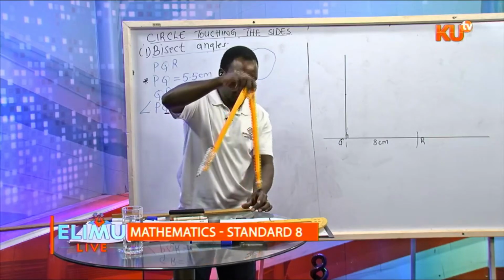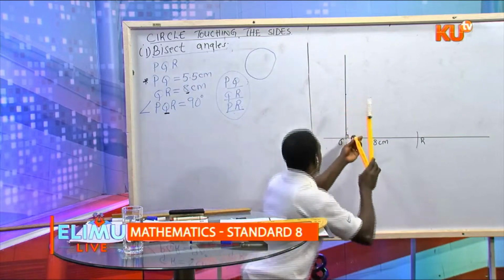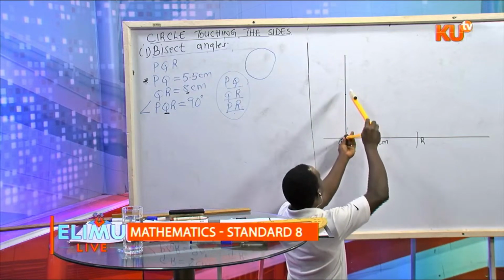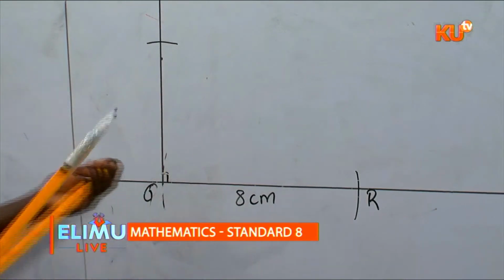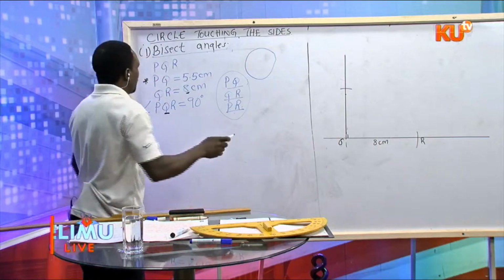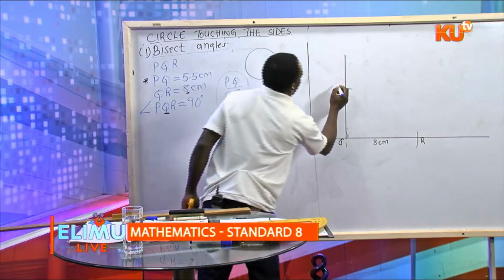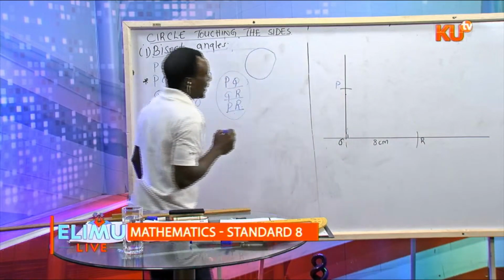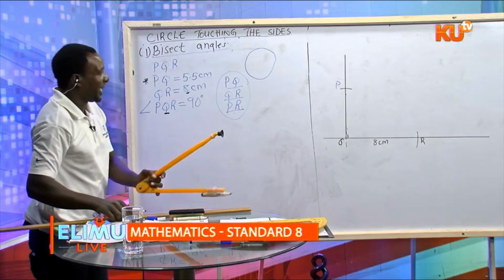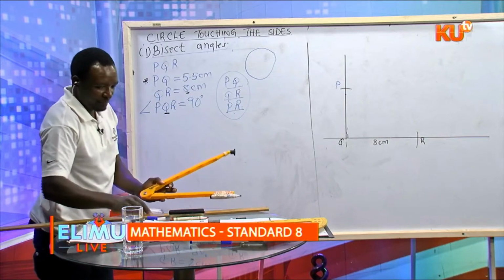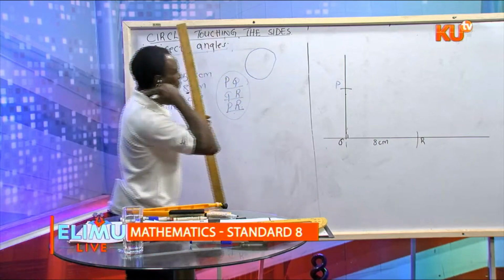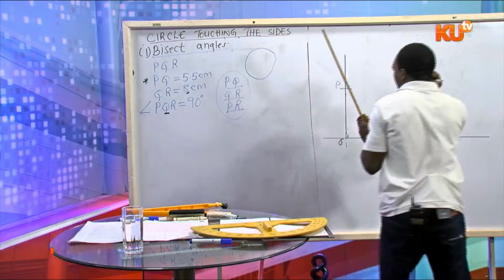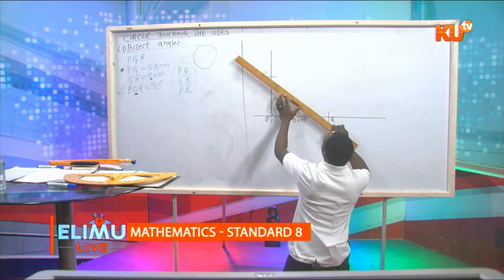There it is. Then come here and put an arc on that line. Then call that point P. After calling it P, you join P to R so that you get a triangle.